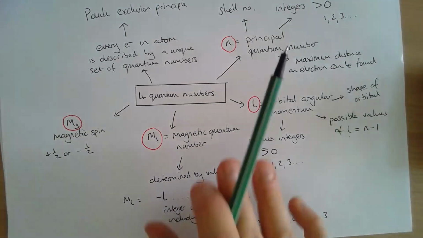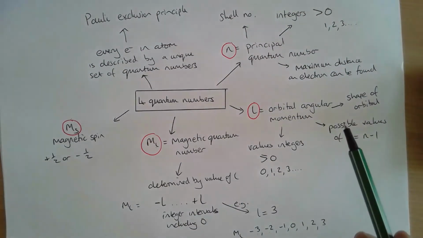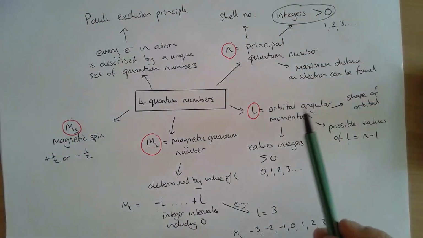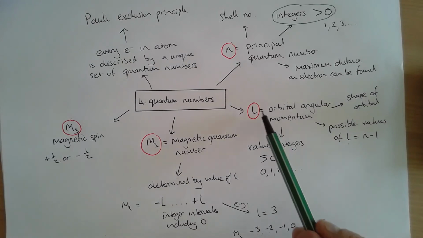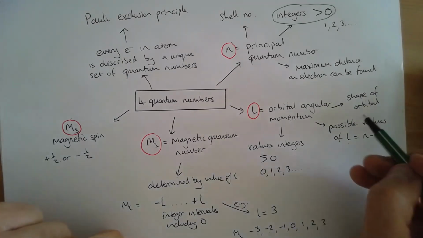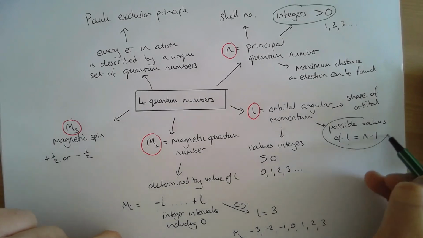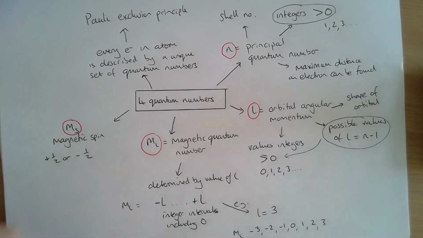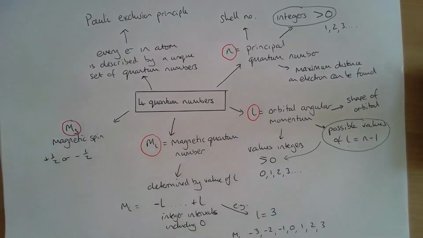So 1, 2, 3 and so on. That's quite an important idea. The possible values of L, the orbital angular momentum, are described by n-1, but it is possible for the value of L to be 0 as well. So effectively the possible values of L are equal to the principal quantum number when you take into account the fact that 0 is a possible value.